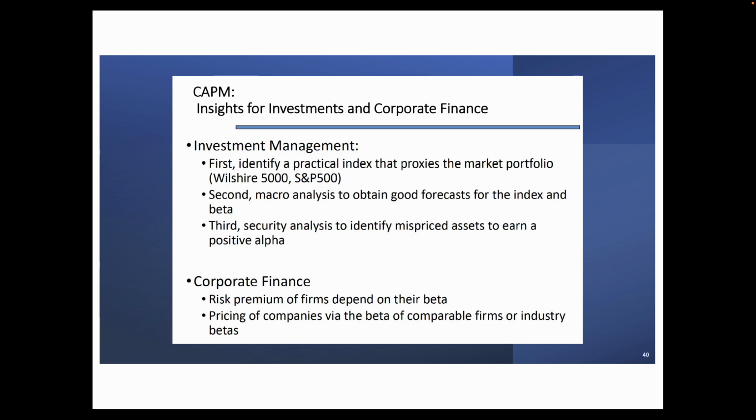So if crypto has a zero correlation with the market, then crypto is a zero beta instrument, which should earn the risk-free rate. It should be priced as if the discount rate was just the risk-free rate. And if crypto had a negative correlation with the market, the discount rate should be below the risk-free rate.